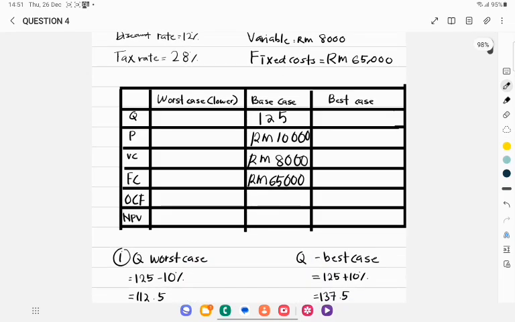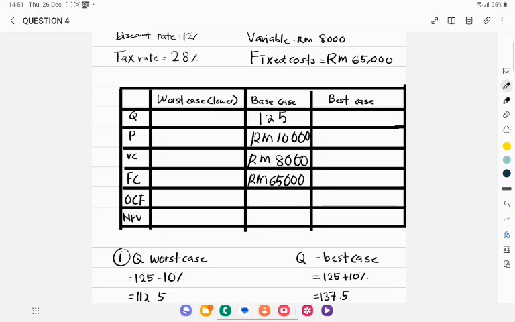For your information, when this question comes out in the final exam, the first thing you need to do is draw a table.